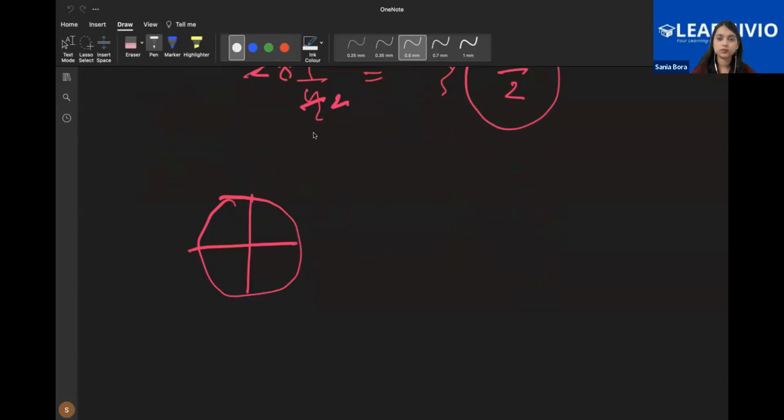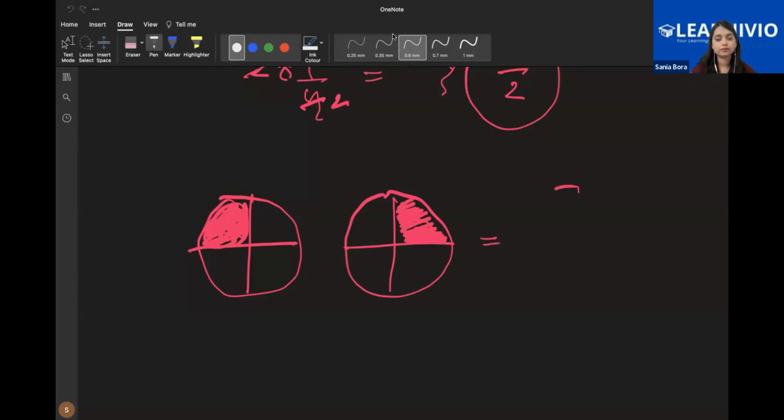Clear? And there is one more, like we are going to multiply it. This is again the other part, and in this another part is shaded, like this one. So what will be the final outcome? Tell me.